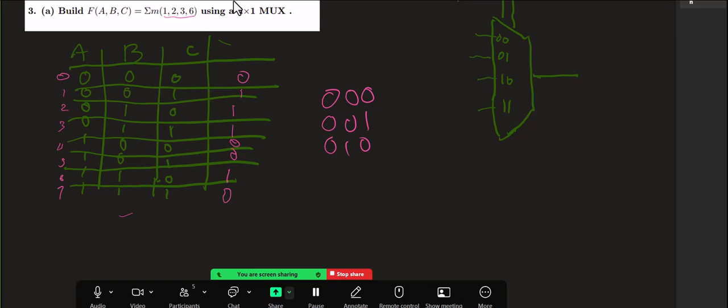I got it. Okay, so we want to look at our rows here and see if there's anything we can do, because we have 8 possibilities over here, but only 4 inputs over here. So we want to look at our table here and see if we see any patterns.